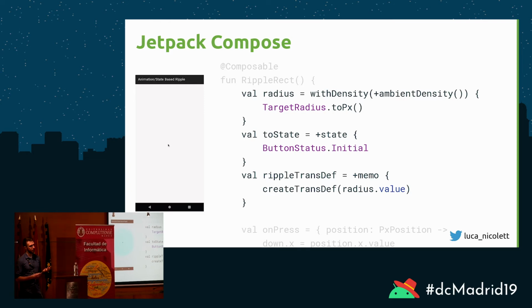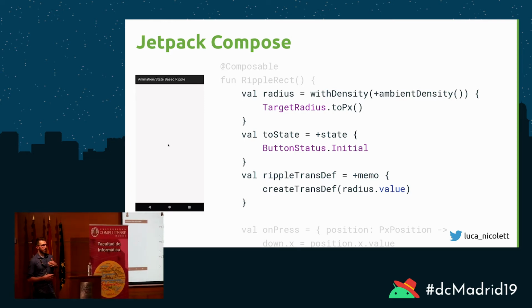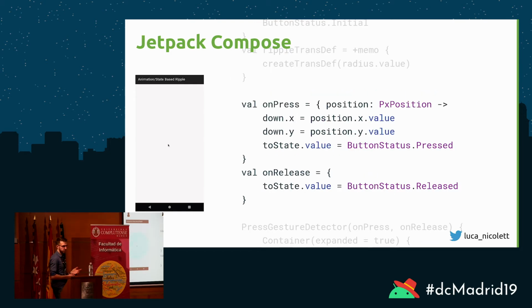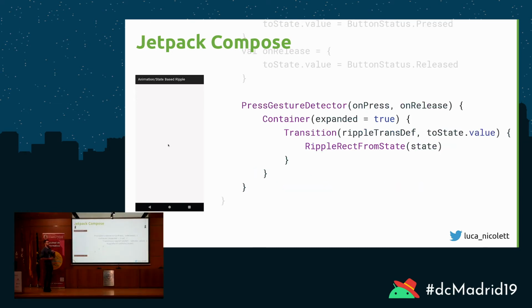This memo is used to avoid calling the createTransitionDefinition every time the RepaintRect function is called. So as it's memoized, it won't be executed every time. It then sets up some callbacks on press and on release in order to update the status of the ripple. And it wraps everything in a PressGestureDetector, which is from the input fundamental blocks I showed you earlier.